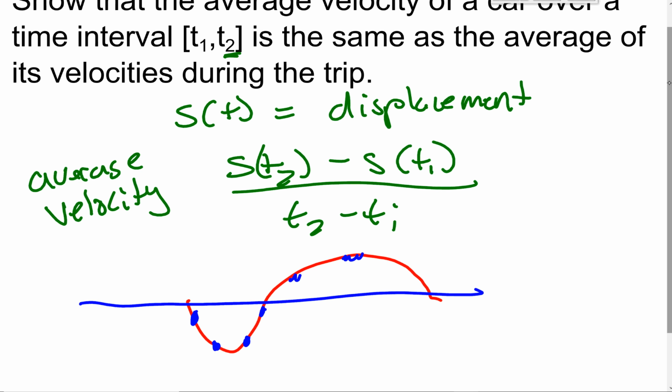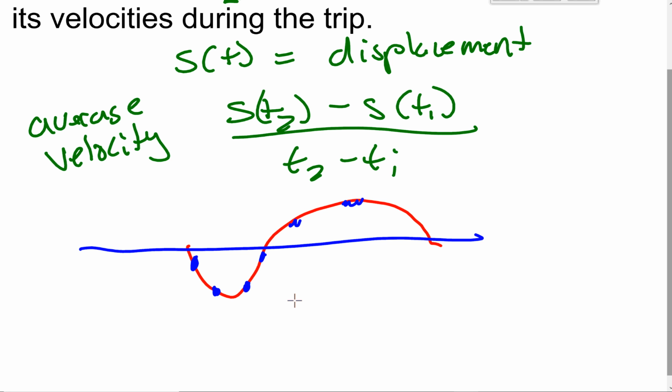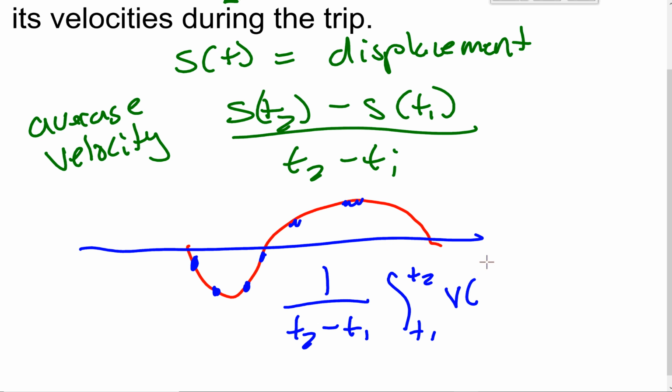So that would be taking our a and our b, subtracting them, so b minus a, 1 over that, times the integral from a to b of our velocities function.